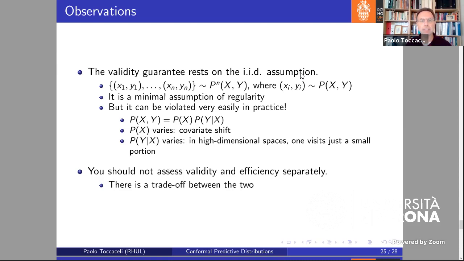So here I basically state again what we just discussed. I prefer talking about it once you had the chart in front of you. But again, the validity guarantee rests on the IID assumption. It seems a very mild assumption, and it pervades pretty much all of machine learning, simply because it's based on the induction principle.